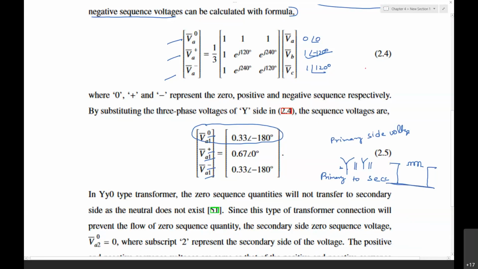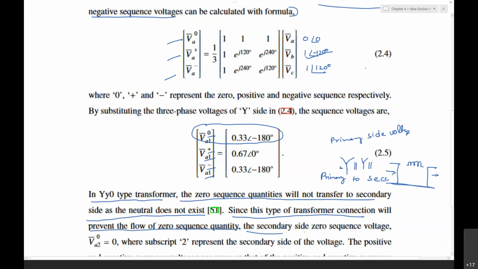For the zero sequence voltage, there is no transformation from the primary to the secondary side. In a Y-Y type transformer, the zero sequence quantities will not transfer to the secondary side as the neutral does not exist. This type of transformer connection prevents the flow of zero sequence quantity.